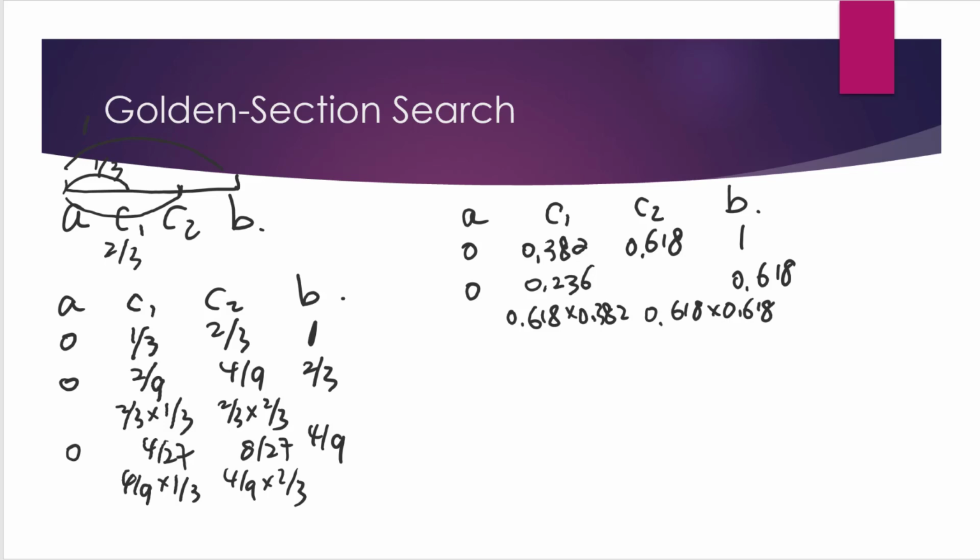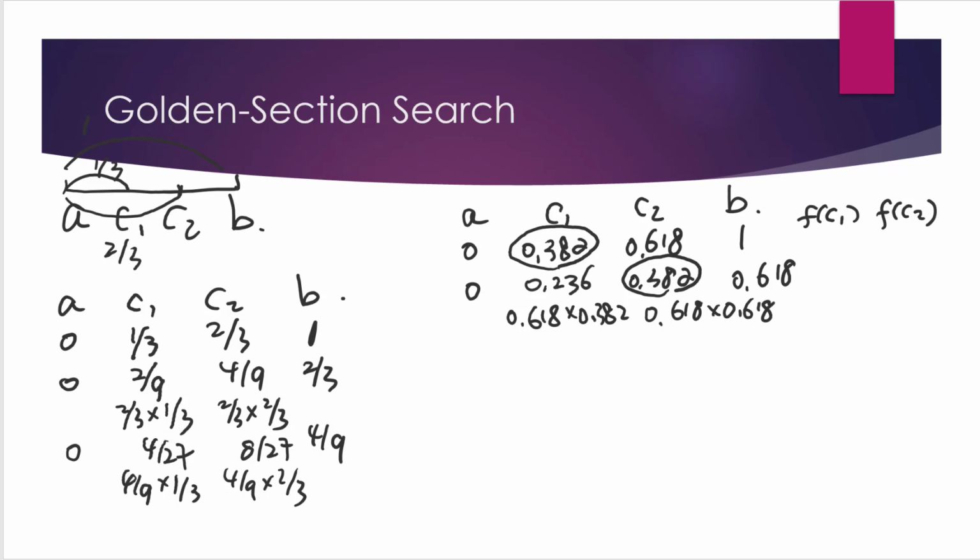So you can see that for 0.382, the function value at this point is already evaluated, because when we did the first iteration, we evaluated FC1 and FC2. So when we do the second iteration, we still need to evaluate the new C1, but here FC2 is exactly equal to FC1 in the last iteration. So we don't have to evaluate it again, so it saves a lot of time, right?